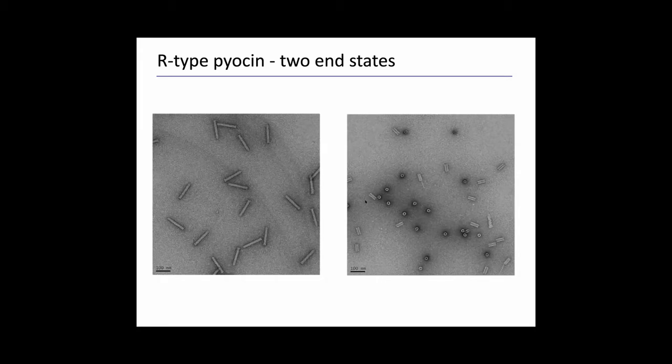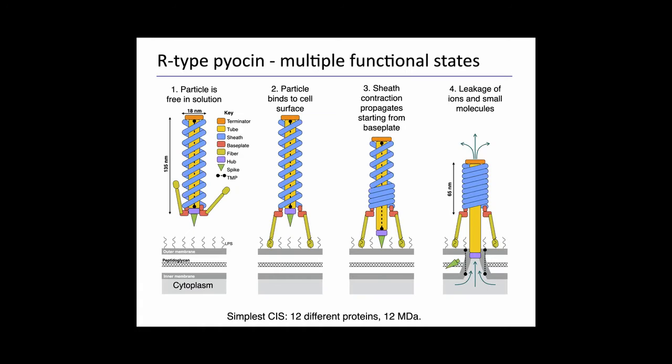What's experimentally easy for us to capture are these two states: the extended pre-attachment state and the contracted post-attachment state. But in reality, there are a lot more states. What we'll discuss today is whether we can actually describe these many states.